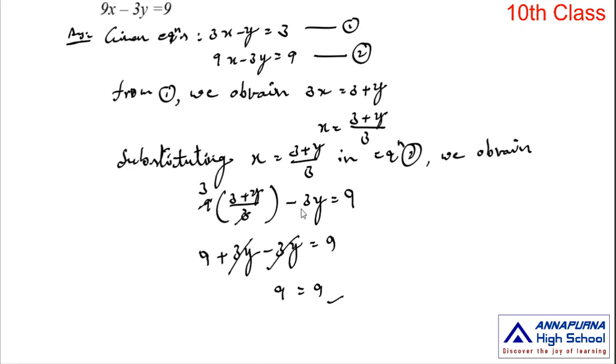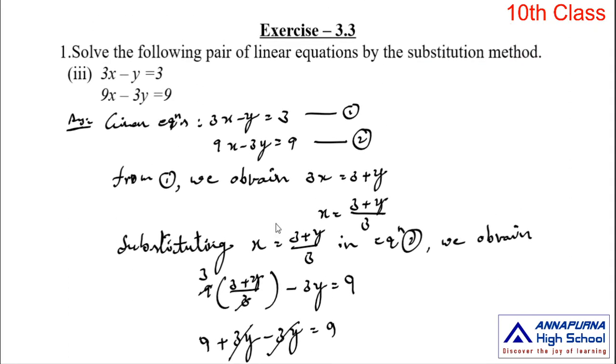Just observe the given equations. When you observe them and find the ratios of coefficients of the corresponding terms, a1 by a2, b1 by b2 and c1 by c2, the ratios are equal.